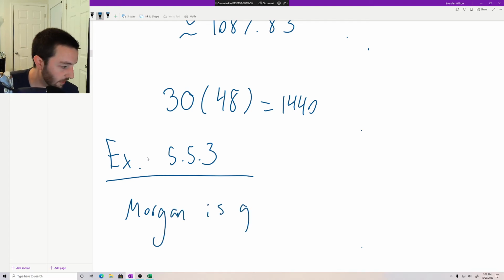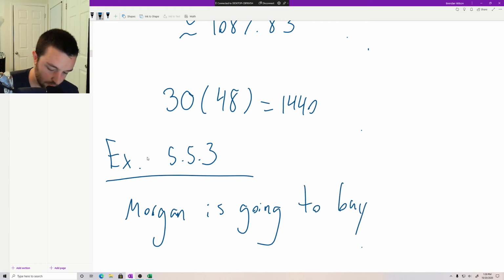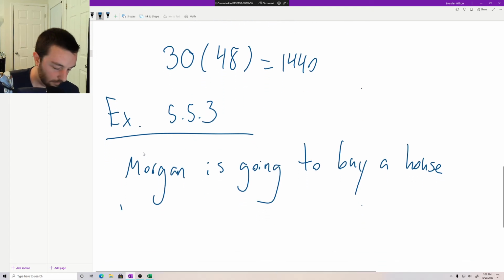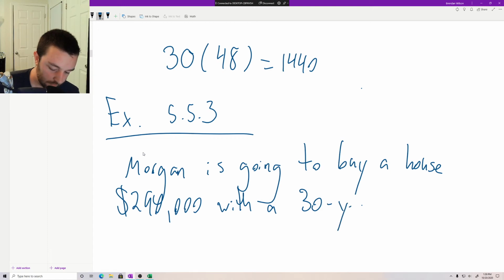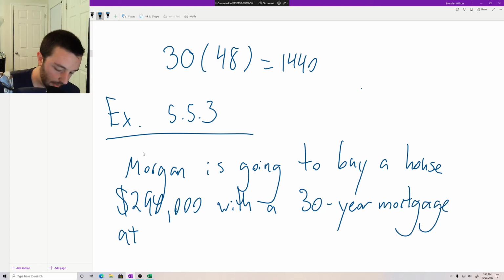It says Morgan is going to buy a house for $290,000 with a 30-year mortgage at 5% APR.